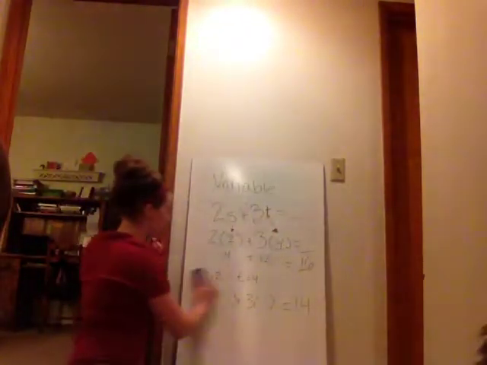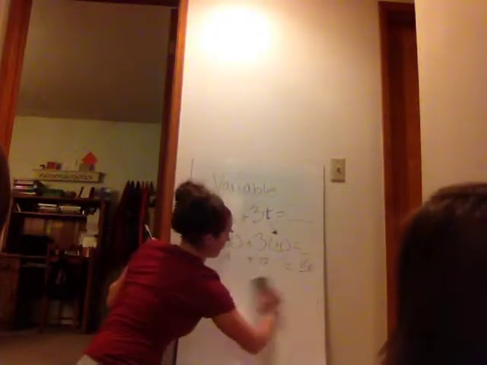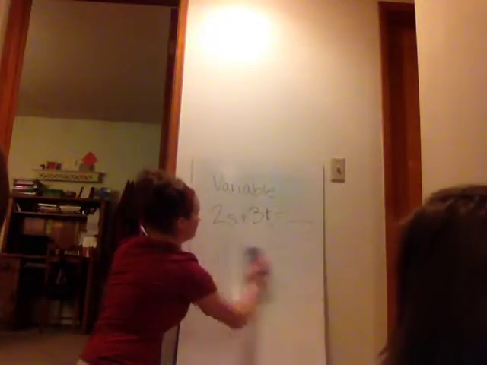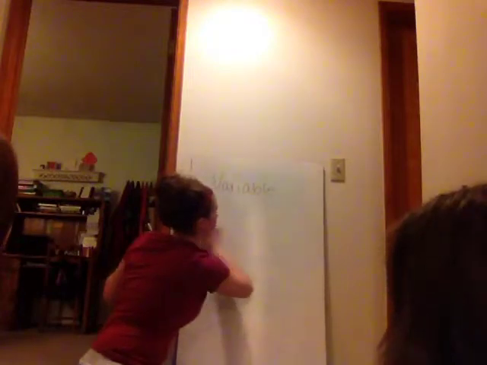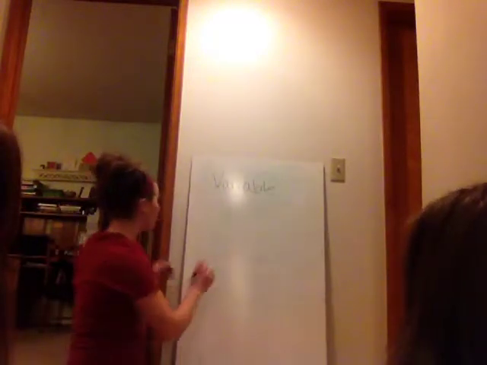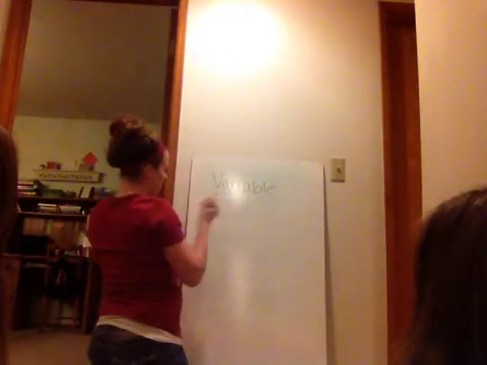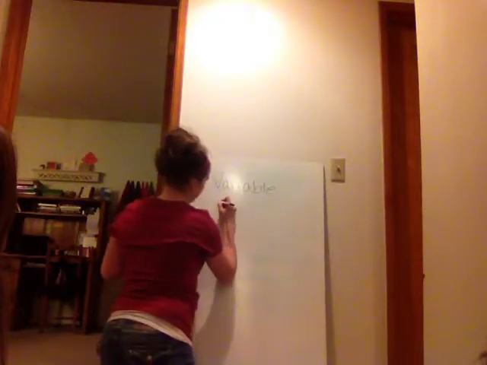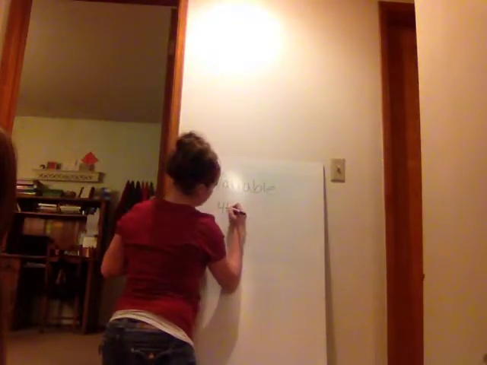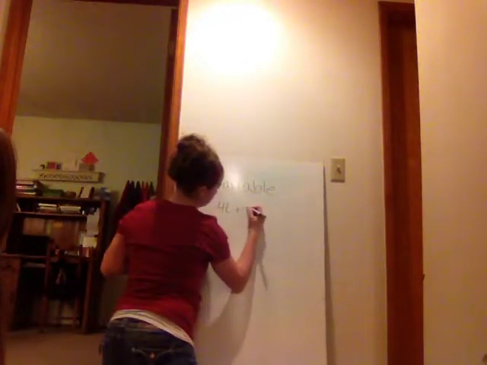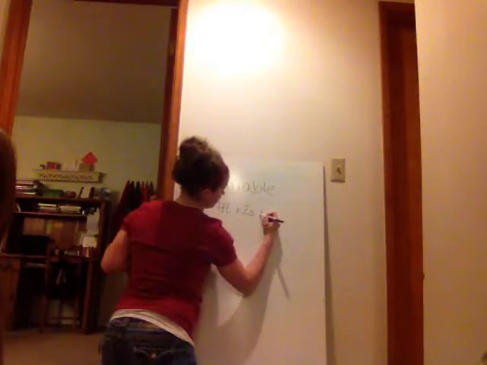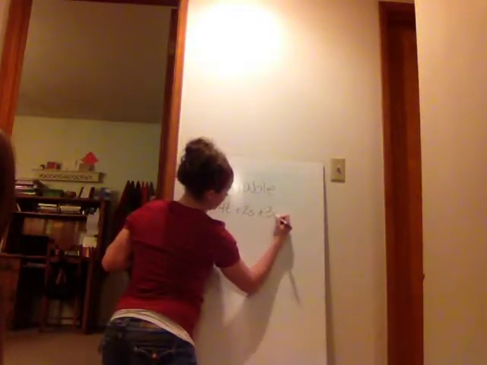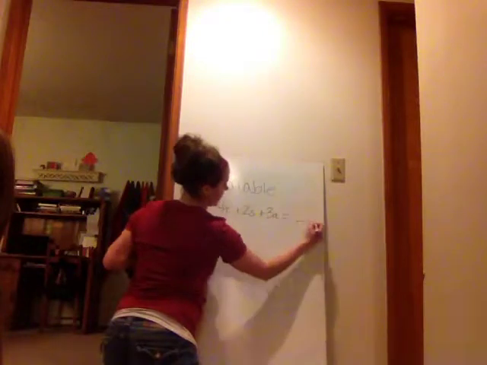Right? So, okay. I'm going to erase this and I'm going to give you guys a sample problem so I can check to see if you understood the lesson. I'm going to write this problem. I'm going to go 4t plus 2s plus 3a. I'm going to make it a little harder, okay?